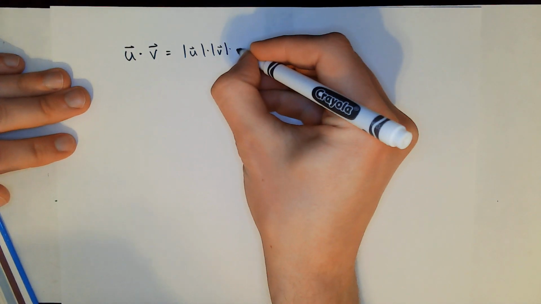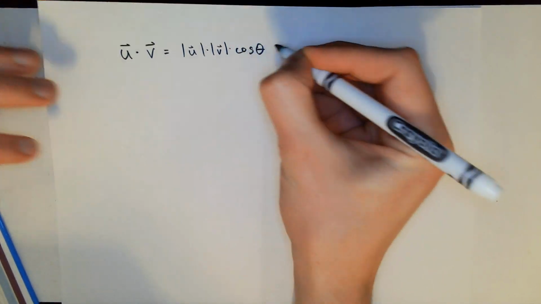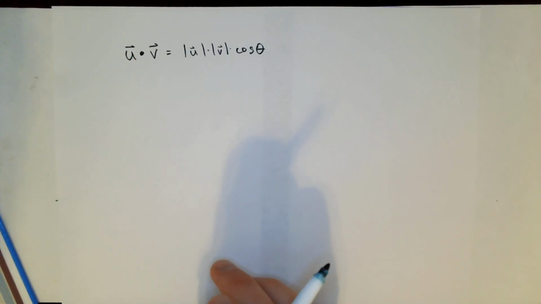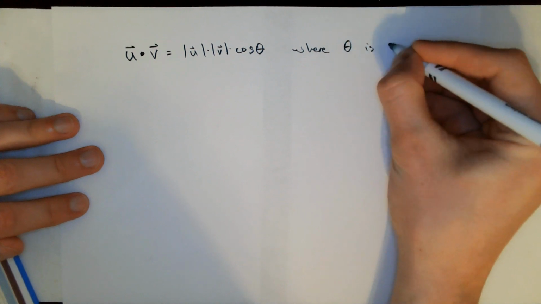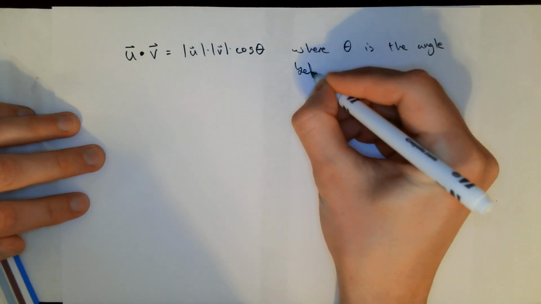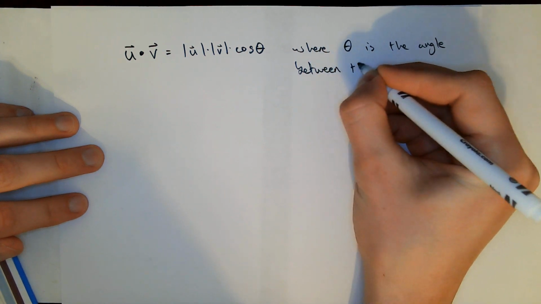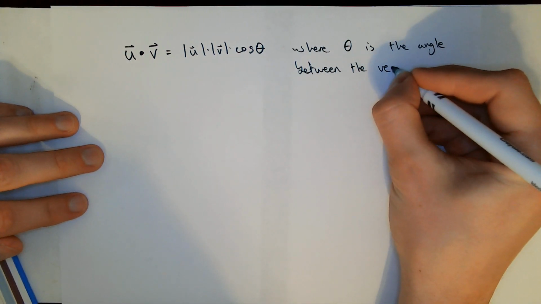And then times cosine of theta. So this is the dot product over here, where theta is the angle between the vectors u and v.